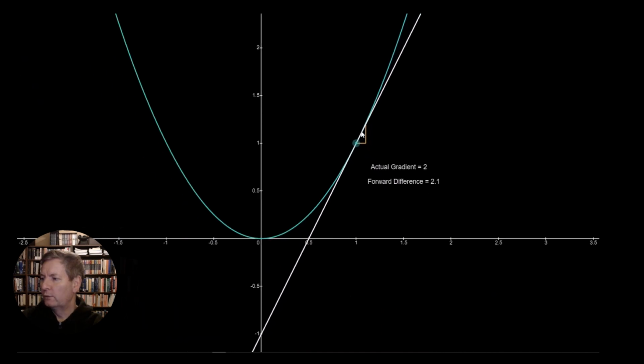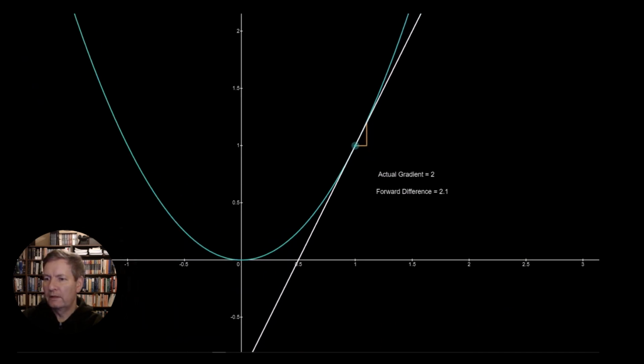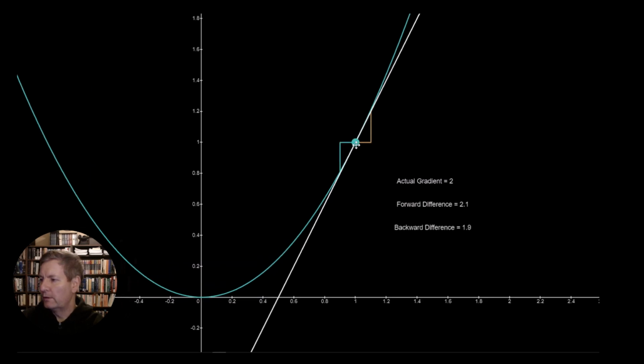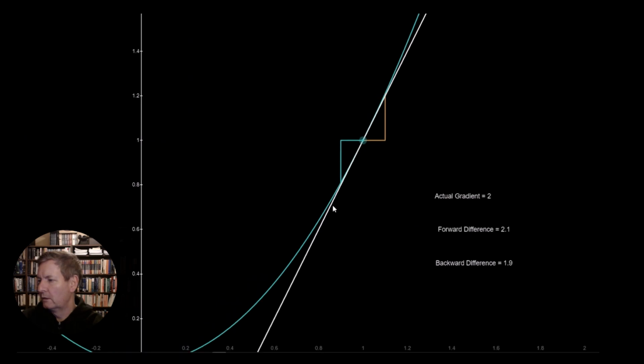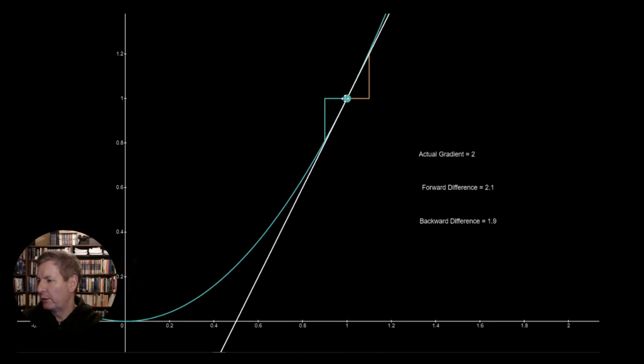Now we can move on to the second approximation, and this is going to be called our backward difference. So again, we take the point 1, but in this instance we subtract off a small difference. In this instance we subtract off the value of 0.1. So instead of having the point 1 here, we've got the point 0.9.